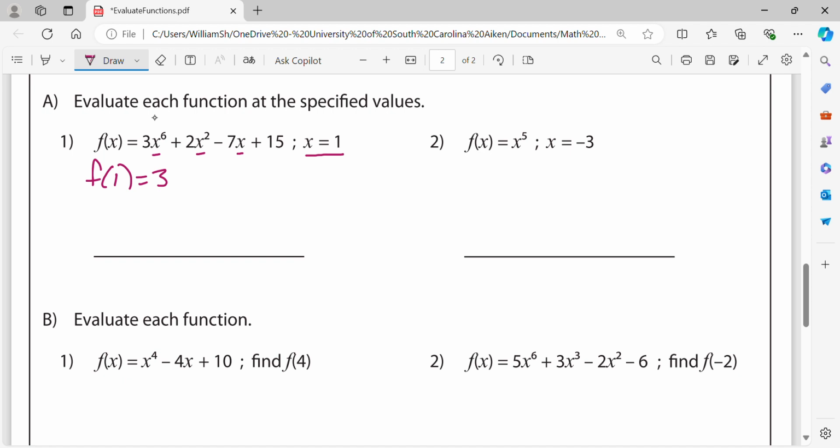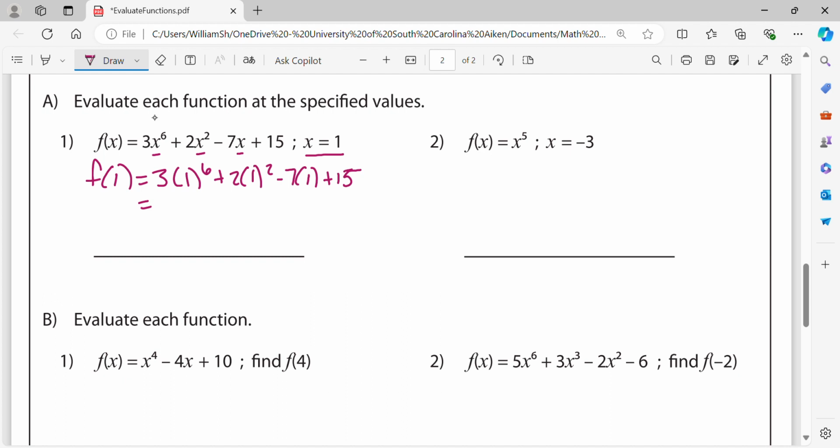So I'm going to do 3 times 1 to the 6th power plus 2 times 1 squared minus 7 times 1 plus 15. Now, if you know your exponents, you know 1 raised to any exponent is just going to be 1.